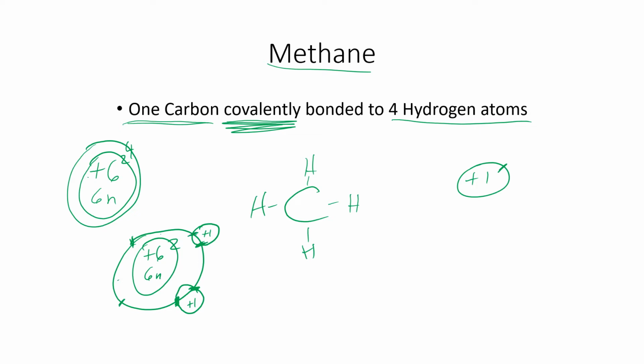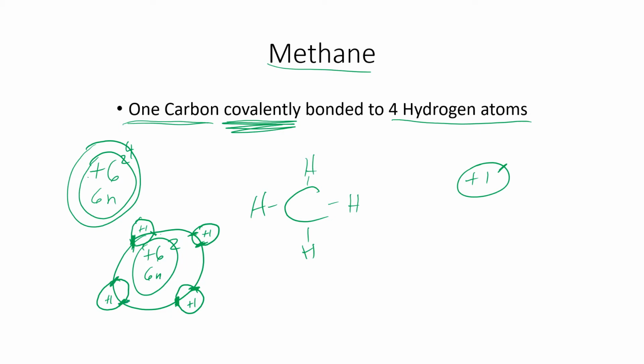So its electron goes flying around the carbon atom also. The carbon atom's electron flies around the hydrogen. And notice how we're overlapping. We do that so we can show the sharing. Here's the electron from the carbon. Here's the electron donated by the hydrogen. And my fourth one, here's the electron from the hydrogen. Here's the electron donated by the carbon.